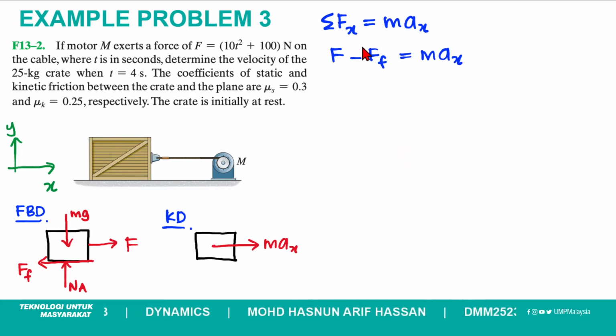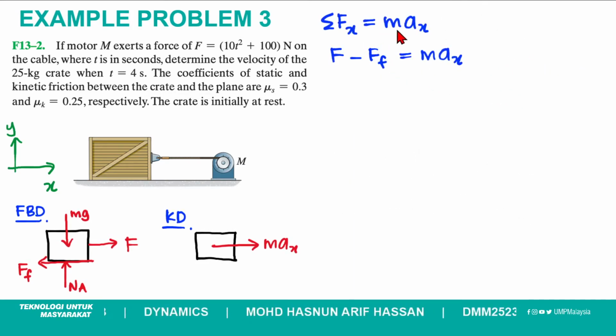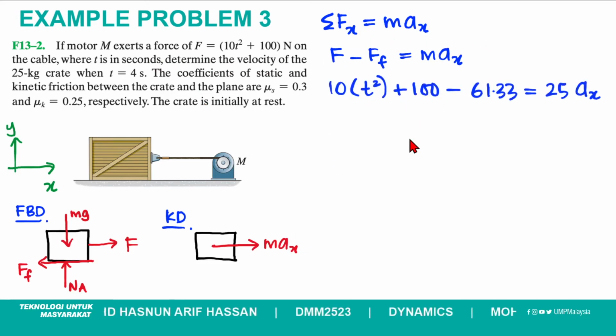Okay, then we go to the equation of motion in the x-axis. Previously we calculated the equation of motion in the y-axis to get the value of NA. Now in the x-axis, we see positive F force minus the friction equals to max. What we want to know is the velocity, but we solve this first.